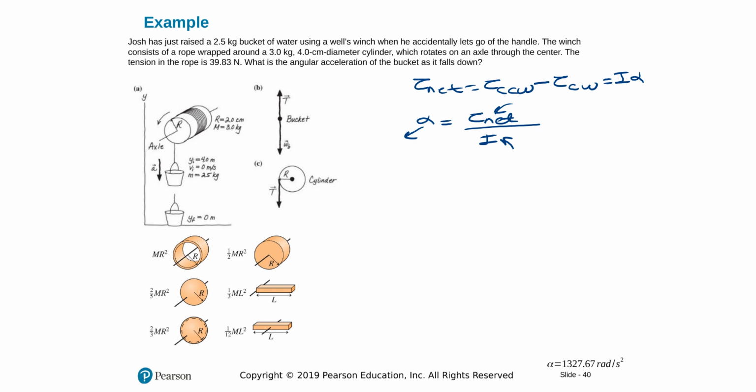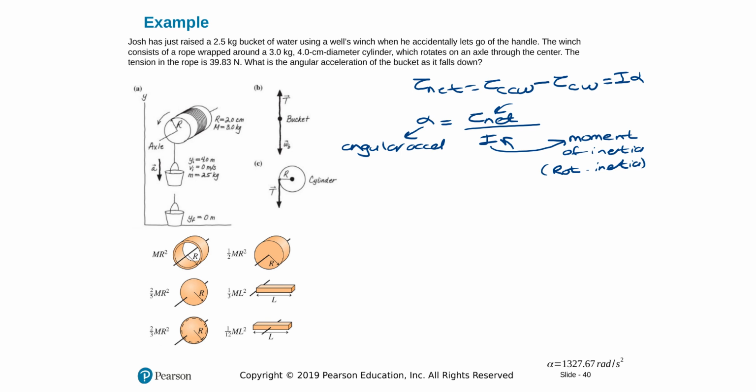Again, alpha is the angular acceleration, and I is the moment of inertia or rotational inertia, also called rotational inertia.